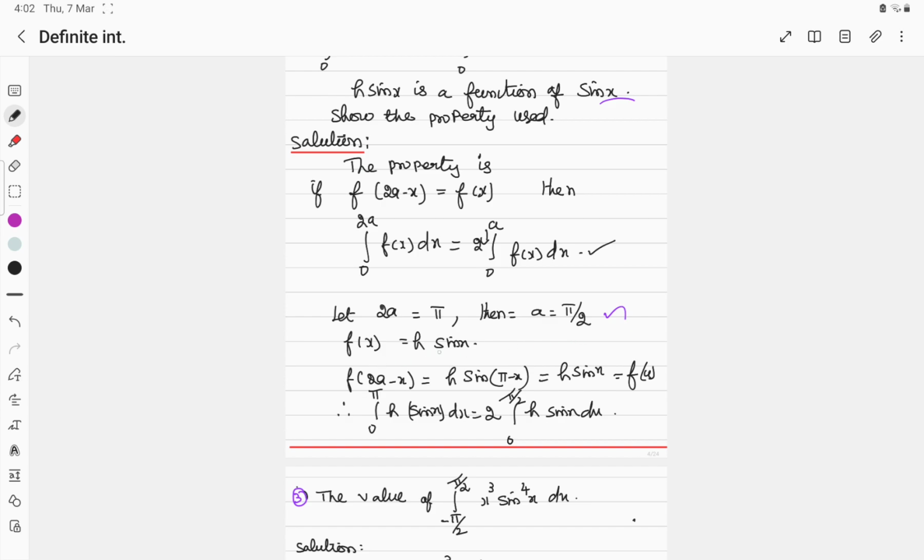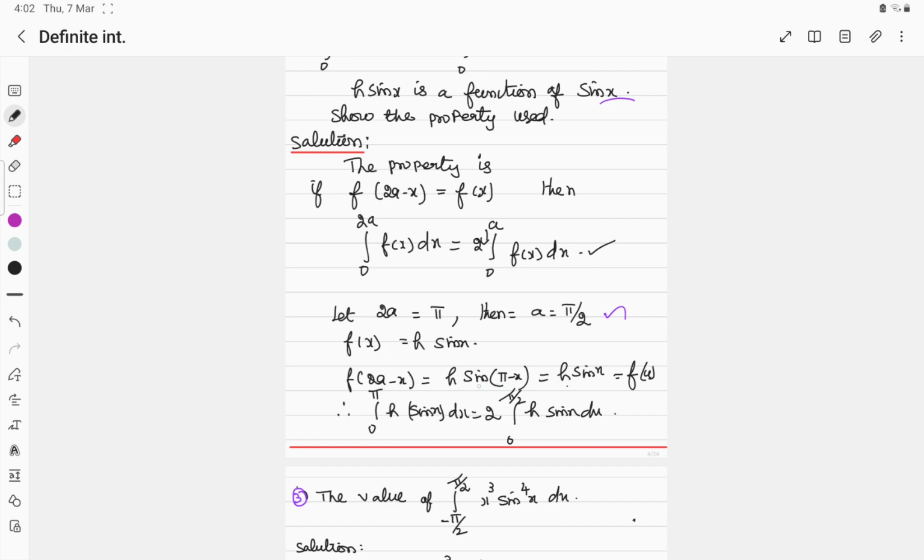So f of x is h sin x, then f of 2a minus x, that is h into sin pi minus x. Here h sin x. So pi minus x. Pi means 180 minus theta, sin 180 minus theta is sin theta, sin x. It lies in the second quadrant only.